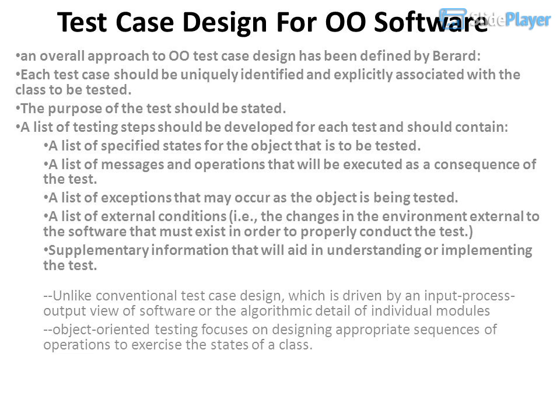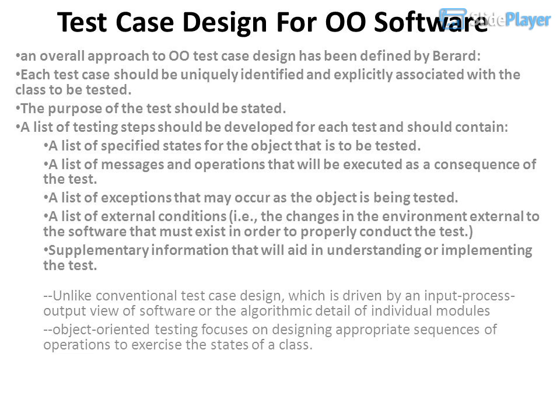An overall approach to OO test case design has been defined by Berard. Each test case should be uniquely identified and explicitly associated with the class to be tested. The purpose of the test should be stated.